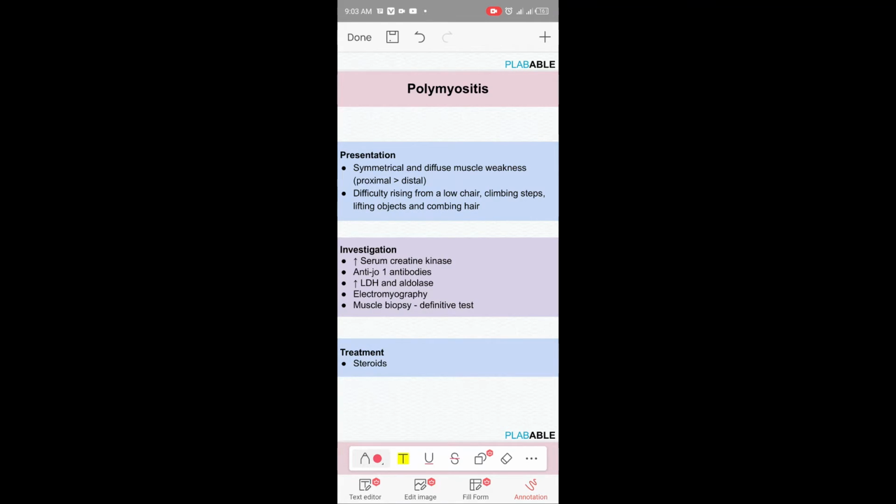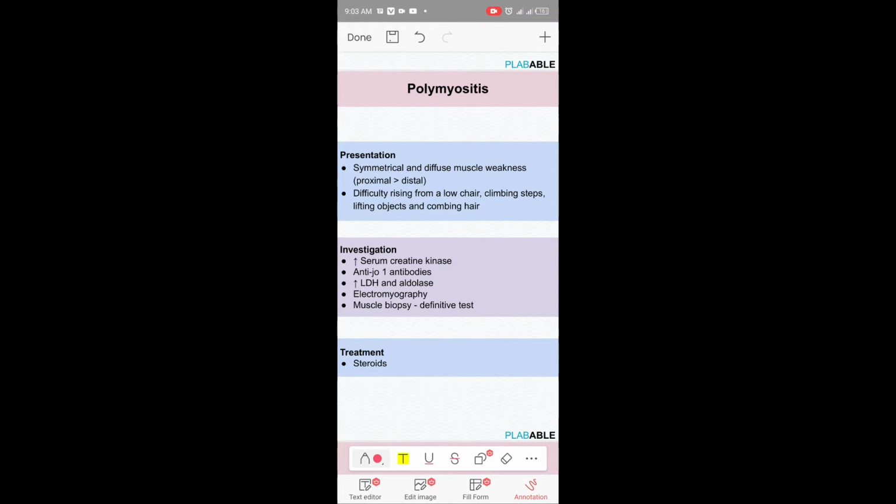So let's come to the investigations in polymyositis. The CPK is raised, significantly raised, sometimes up to 54. In polymyositis, anti-Jo1 antibodies are raised, and the other name for anti-Jo1 is antisynthetase antibodies. LDH and aldolase are also increased.